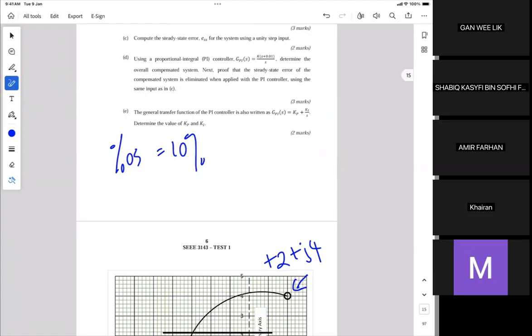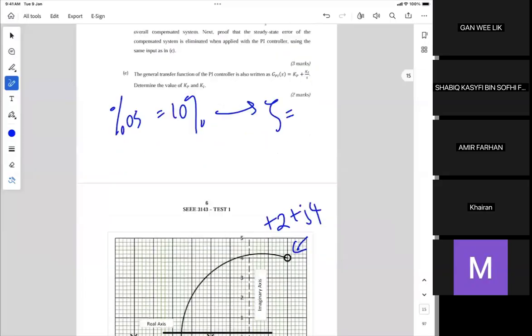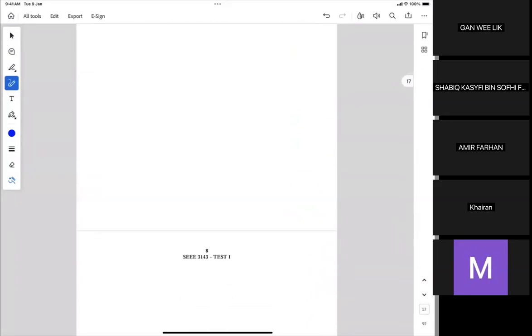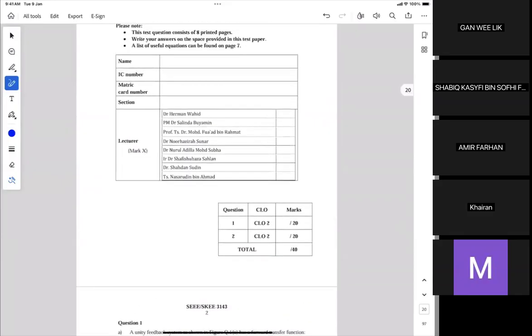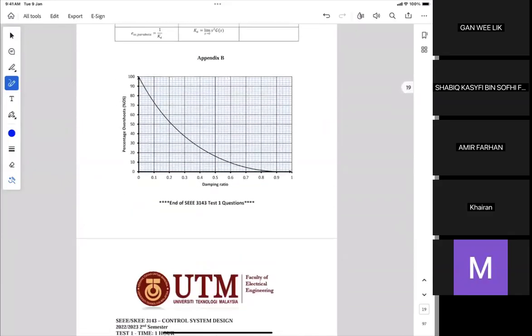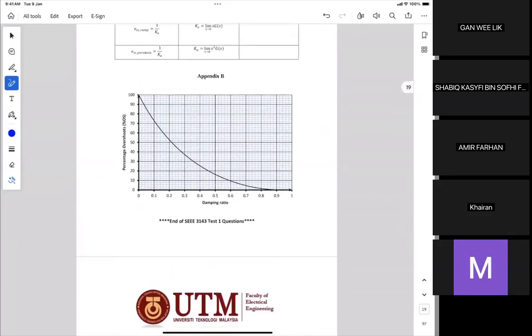overshoot 10%, what is the value of zeta from the graph? Amir Farhan? Yes, Doctor.